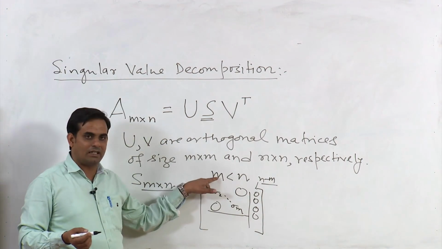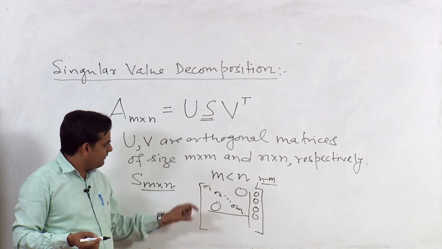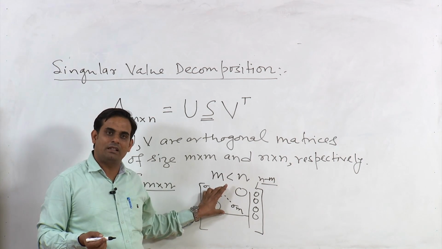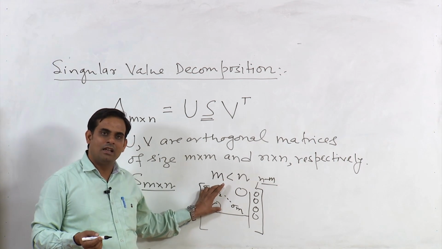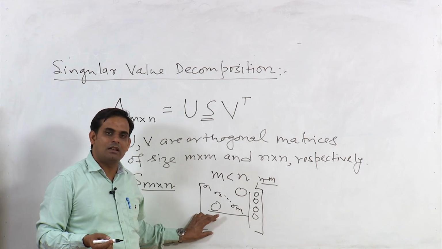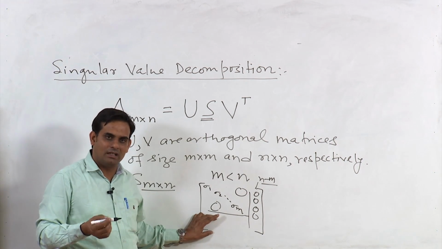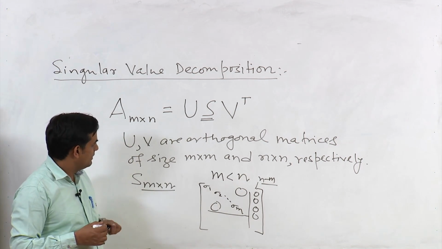Similarly, if m is greater than n, then I will have an n by n square diagonal matrix, and then m minus n rows will be appended at the bottom of this matrix.